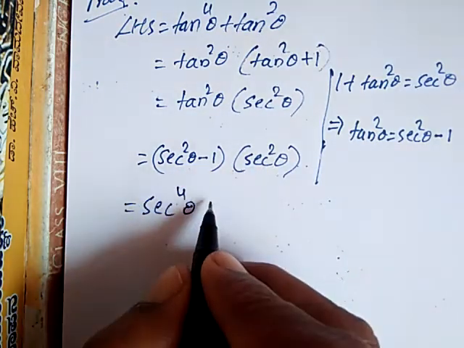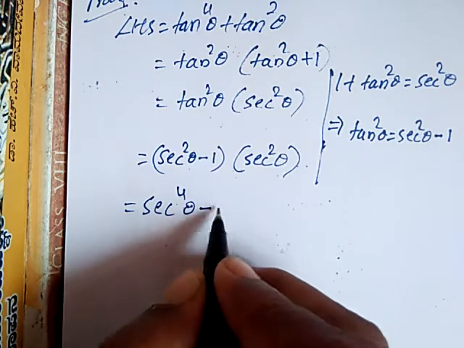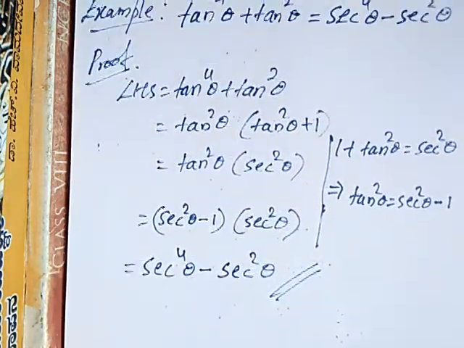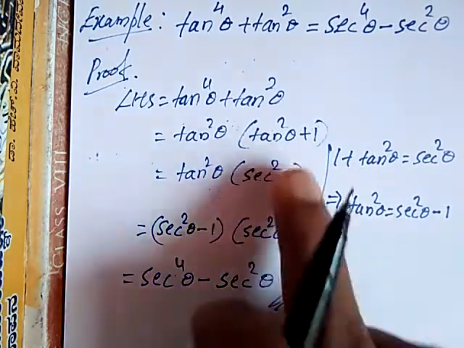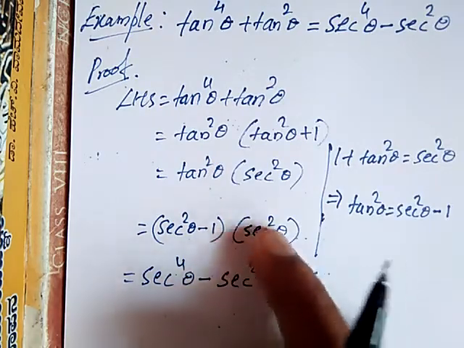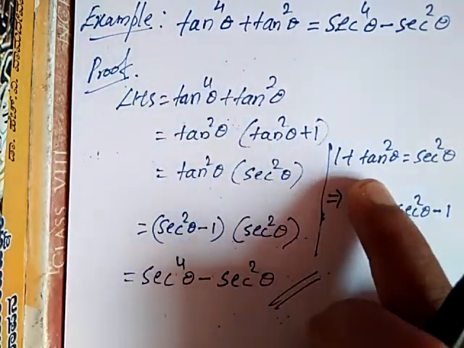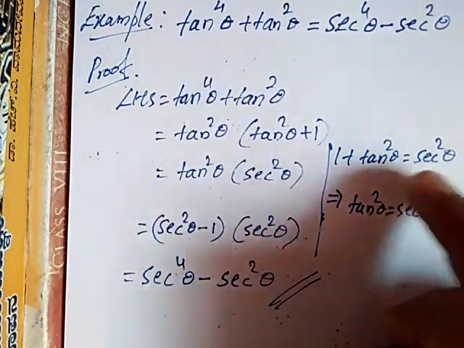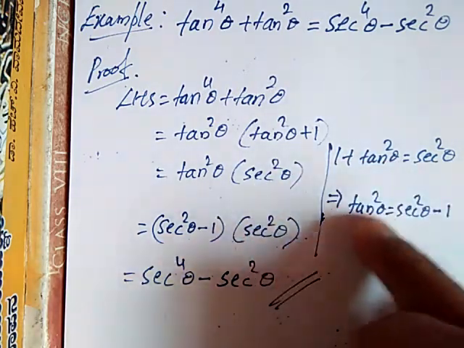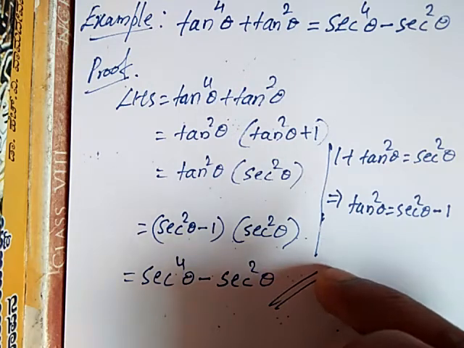Secant square theta into 1 is secant square theta, with a minus, minus secant square theta. So this is the example. Okay, see here, secant to the power 4 theta minus secant square theta. Why am I converting like this? Because there is the identity relation between tan theta and sec theta. You can write 1 plus tan square theta is equal to secant square theta. By using that you can write it like this.